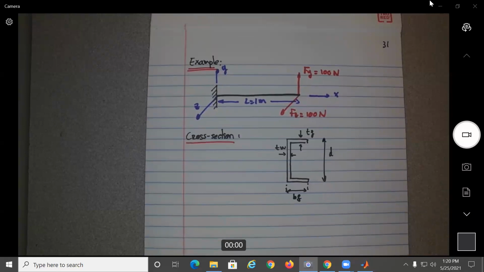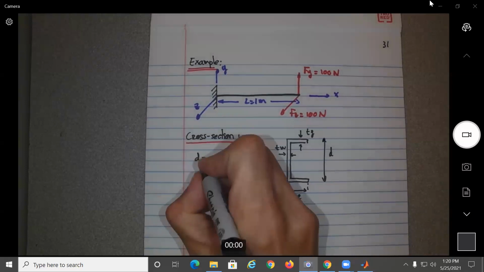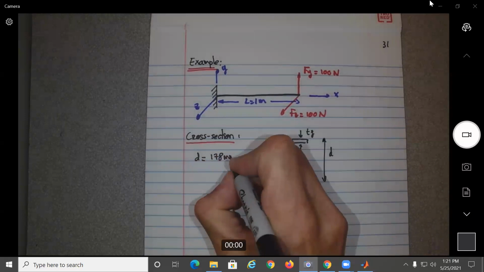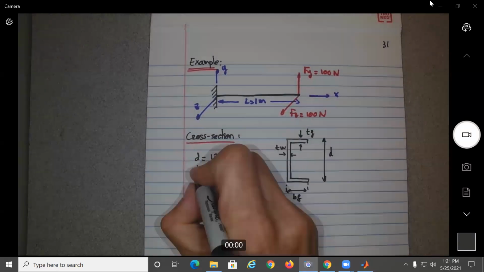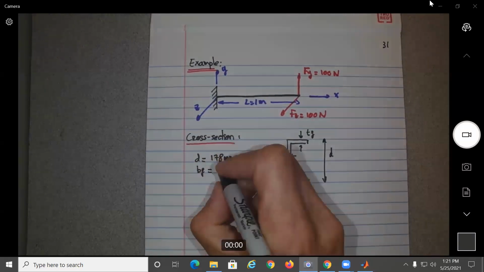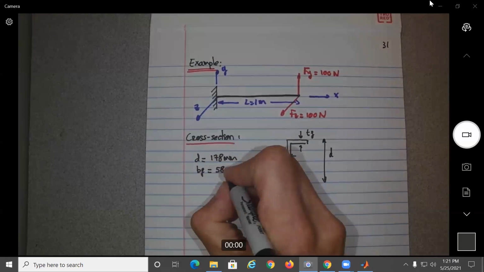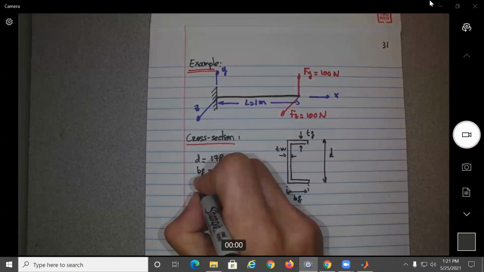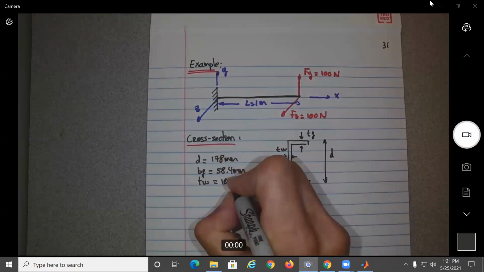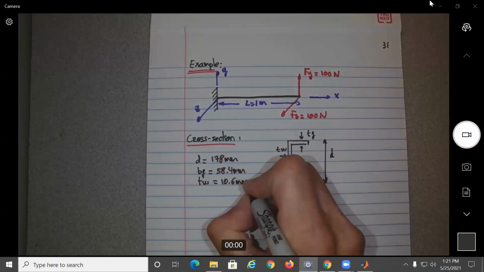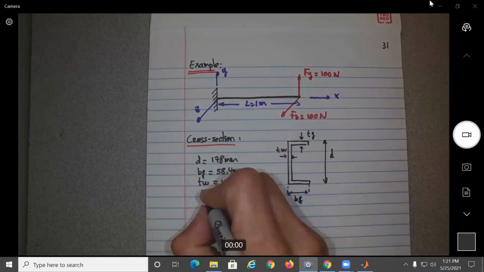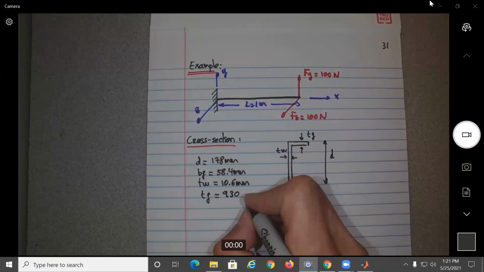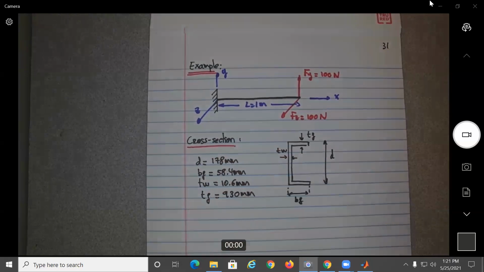So we had D equal to 178 millimeters, B sub F equal to 58.4 millimeters, thickness of the web equal to 10.6 millimeters, and T of the flange equal to 9.30 millimeters.